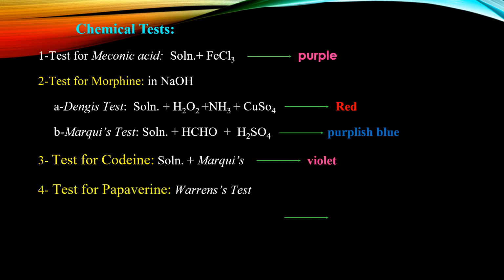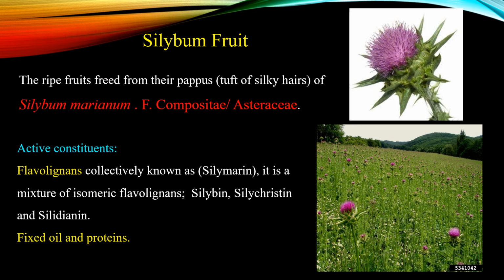Test for papaverine by Warrant's test: extract and add potassium permanganate and Marquis reagent, which will produce a green color. The next fruit is Silybum fruit, which is the dried fruits of Silybum marianum, freed from their pappus, which is a tuft of silky hairs present on the fruit, family Compositae or family Asteraceae.